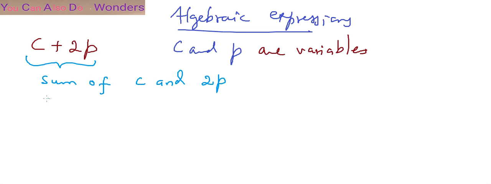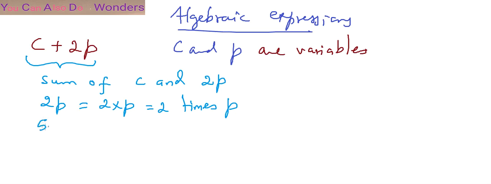What's the meaning of 2P? 2P means 2 into P or 2 times P. So 2 into P, that's what 2P means.